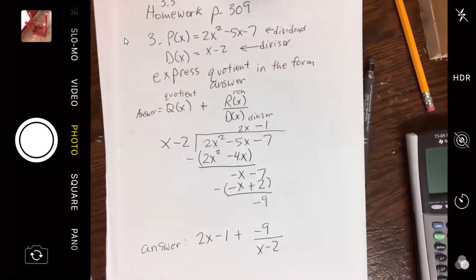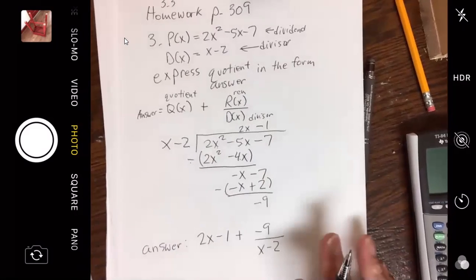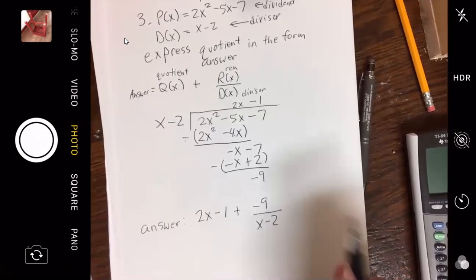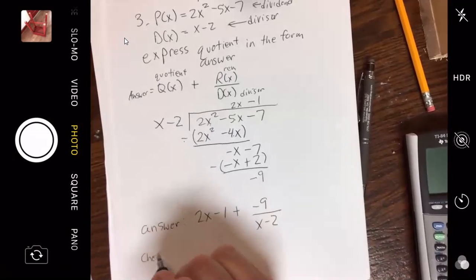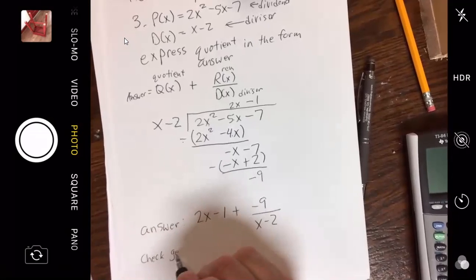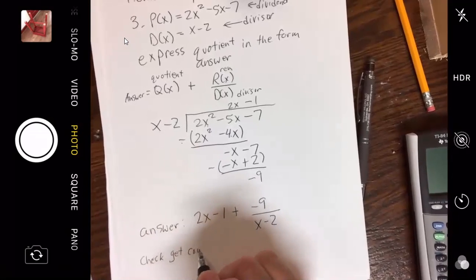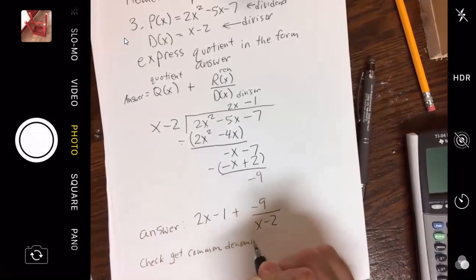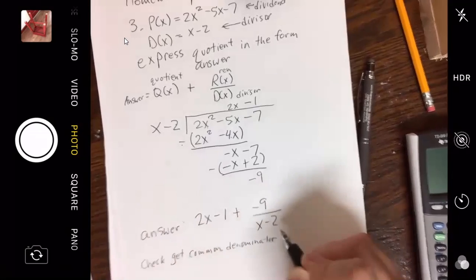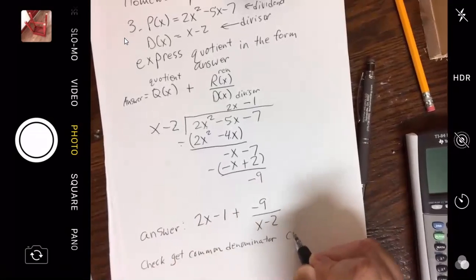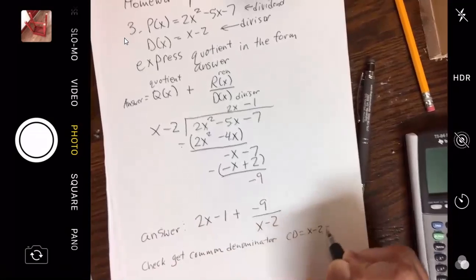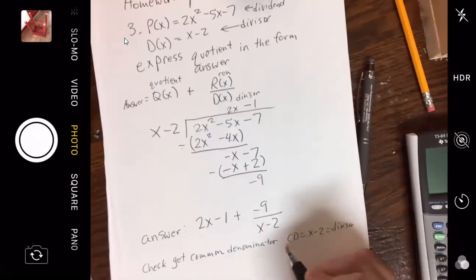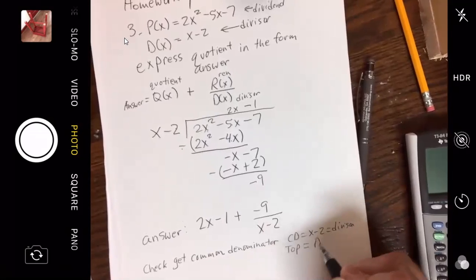Now, it may look like gibberish, but basically what this means is for a check, you can get a common denominator. Your common denominator will be x minus 2, which is your divisor, and your top will equal your dividend.